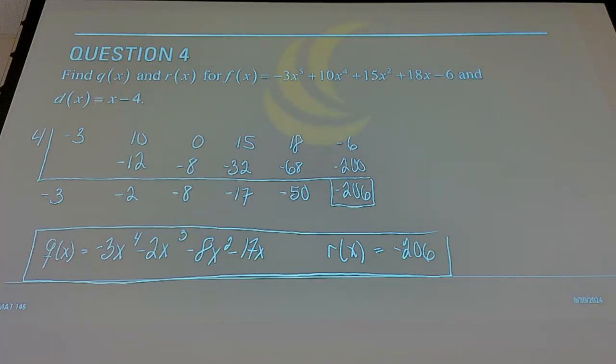There's the quotient, there's the remainder. For polynomials, what has to be true about the coefficients?